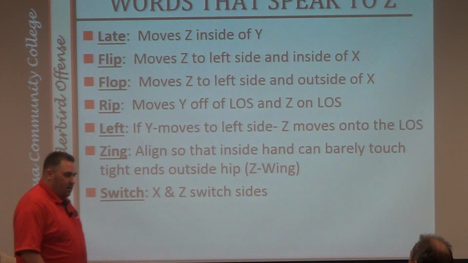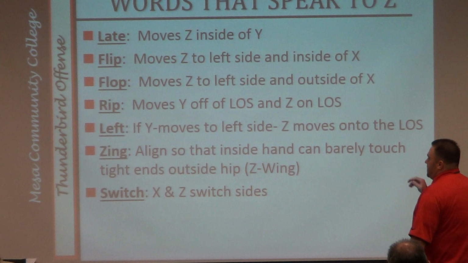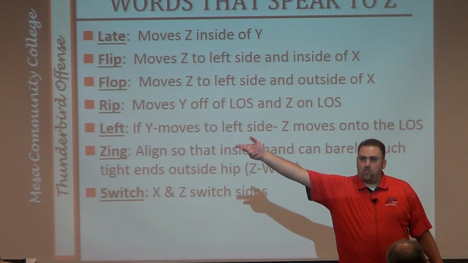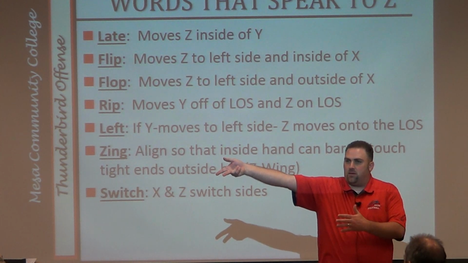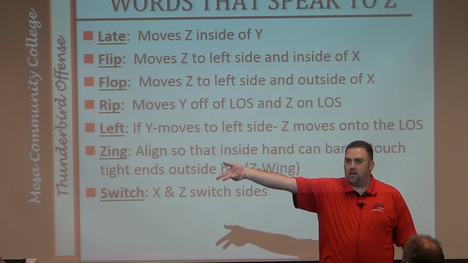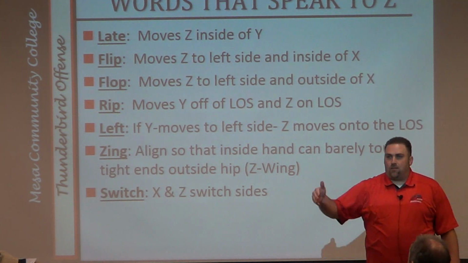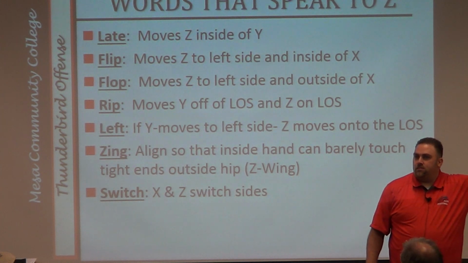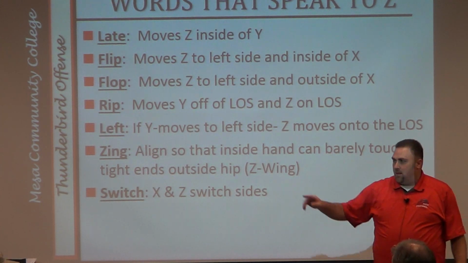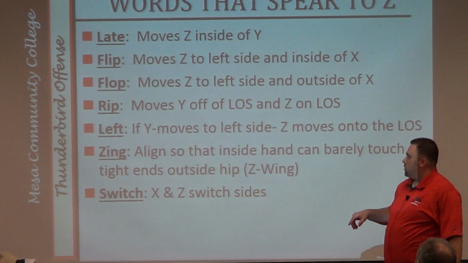Our Z is always going to line up on the right unless he hears one of these words. If I say late, I can switch my Y and my Z, to get that Z on the linebacker if the linebacker's out there covering the slot because they think it's just going to be a tight end out there. If I say flip, it moves the Z to the other side, outside of the X. That isolates my Y, if I want to go play jump ball with a big tall kid on a little short corner.